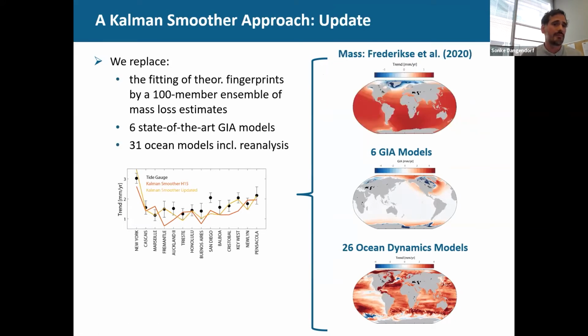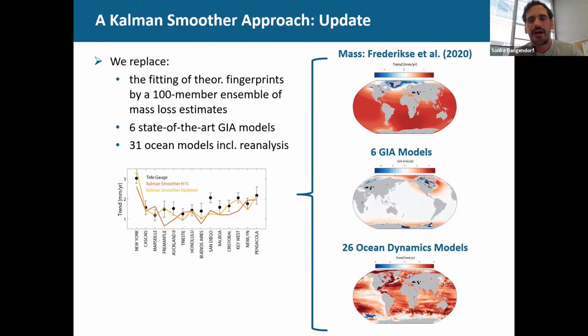So that was actually the motivation why I thought to update that Kalman Smoother. And that's what I'm presenting today. Since 2015, we have got several independent estimates of barystatic sea level change, in particular the ensemble that has been published by Thomas Frederikse et al. in the budget assessment.